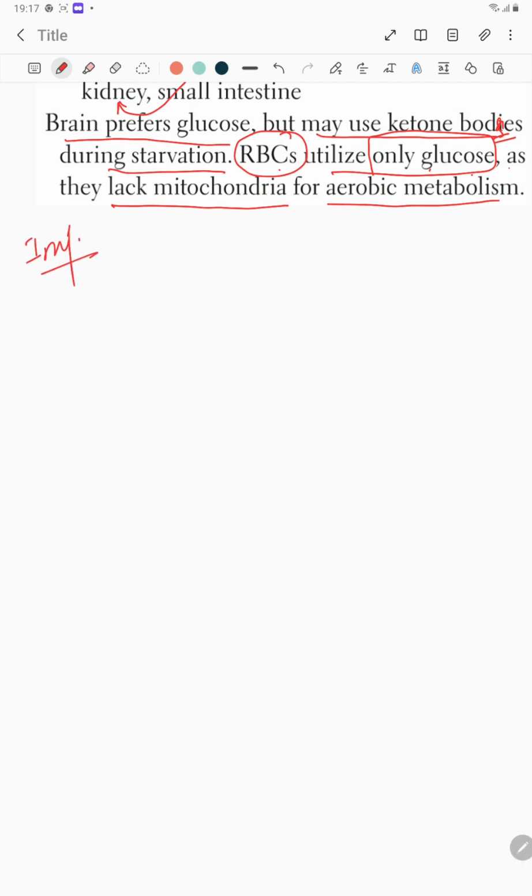Other important topics: post translational modifications. What comes under post translational modifications? This is a PYQ question.